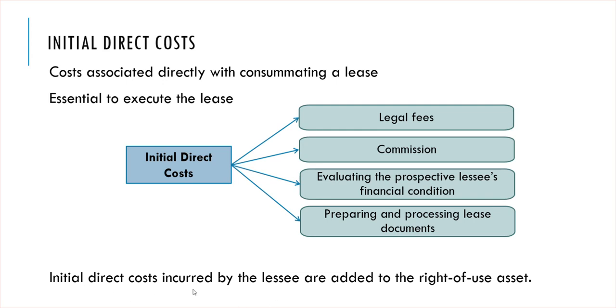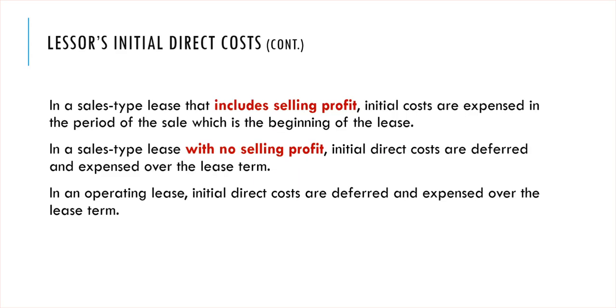So that's back to that basic concept you learned. So it's nothing really new here. If it's a cost that's necessary associated with an asset, you add it to the asset. In this case, it's the right of use asset. So what happens with these? They're going to be amortized, aren't they?